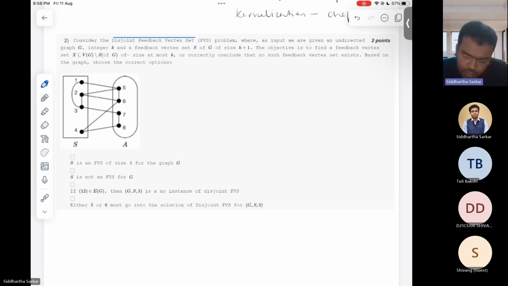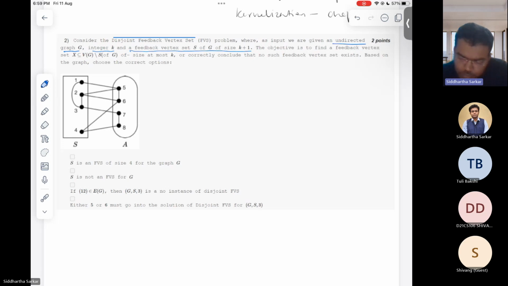Here the input is an undirected graph G, and an integer parameter k. Along with that, there is a feedback vertex set S given to you, which is of size k plus 1, that means one more than the size we're interested in.